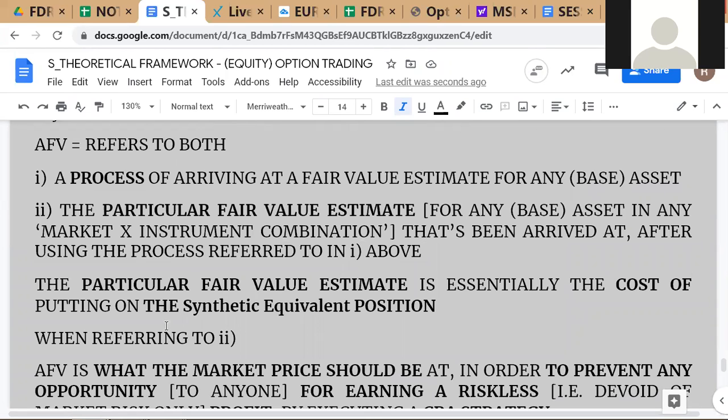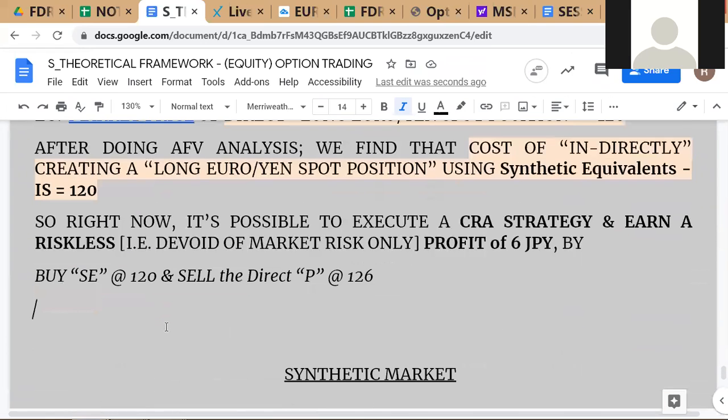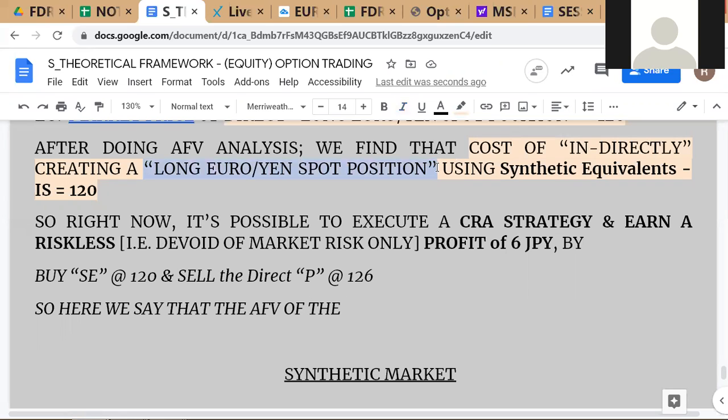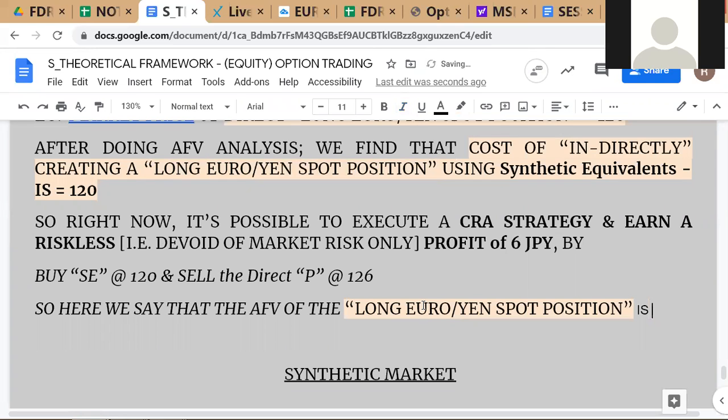In this case we say that the AFV of this is 120.